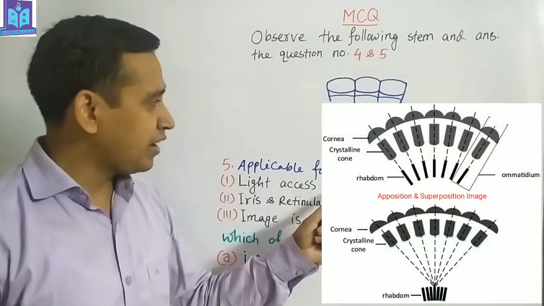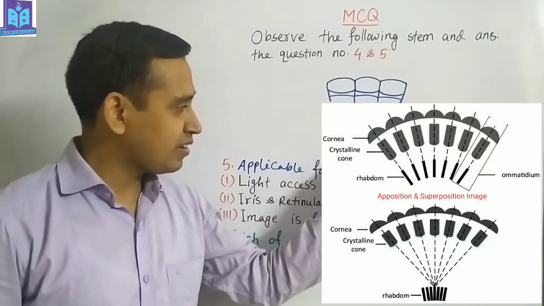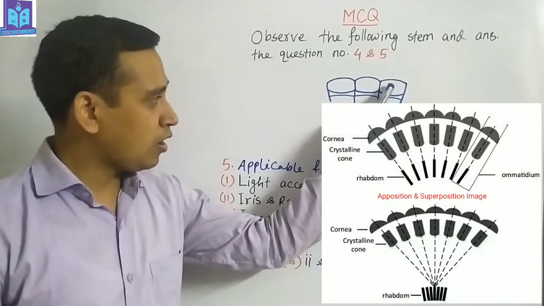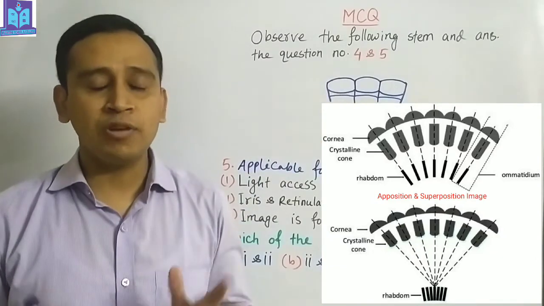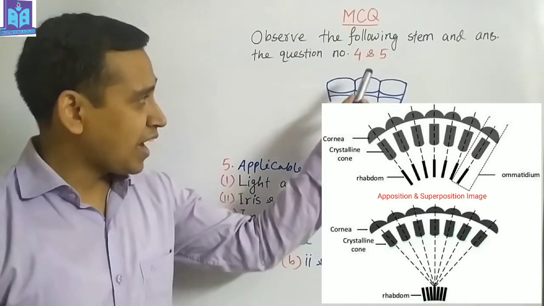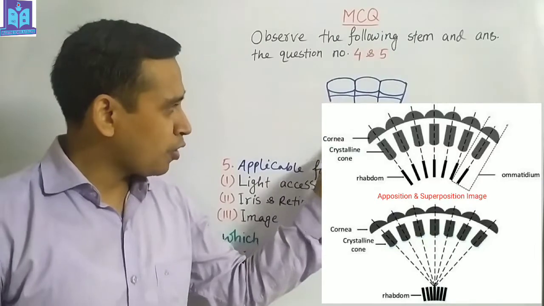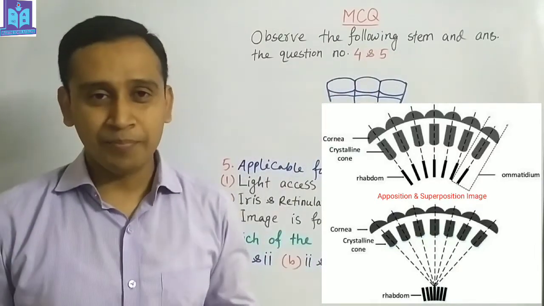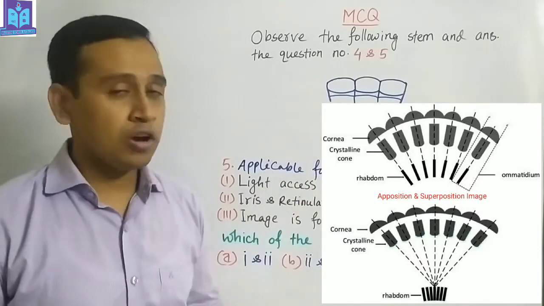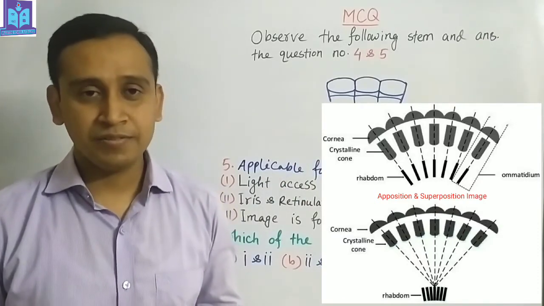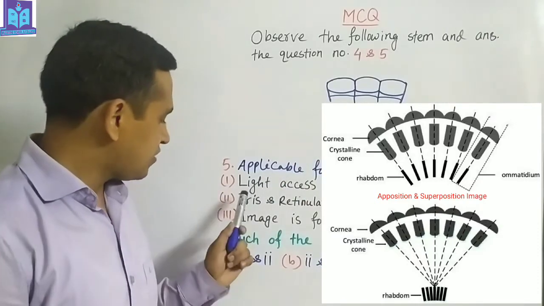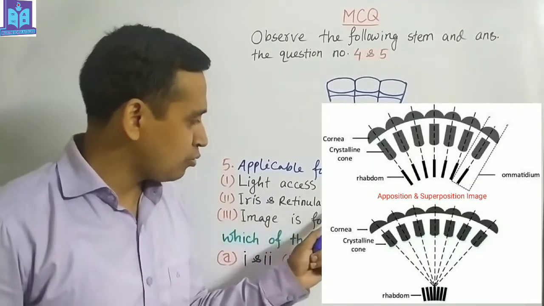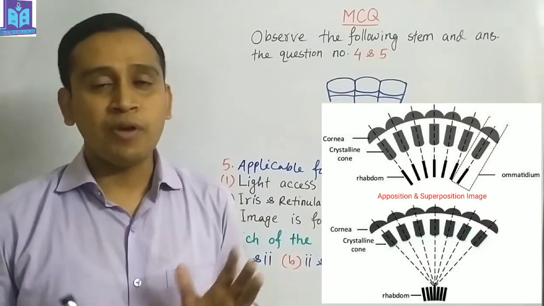But in dim light, the iris sheath and the retinular sheath are confined. So in dim light, all the ommatidia are not isolated. At this time, the image is formed from both the longitudinal ray and the diagonal ray. So this image is called superposition image. So this information is correct. Iris sheath and retinular sheath extend in bright light.